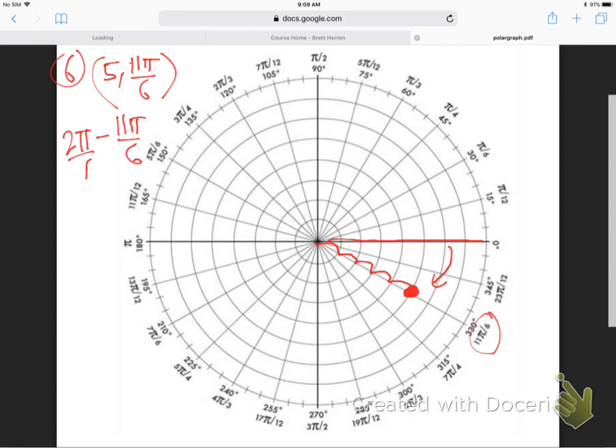Then multiply top and bottom by 3, so 6 pi over 3. Oh, wait, what am I doing? What's the common denominator? 6. So multiply top and bottom by 6. Let's try that again. That'll be 12 pi over 6 minus 11 pi over 6, which is pi over 6, but that's negative pi over 6. Did I lose you by doing it that way? Is that confusing?